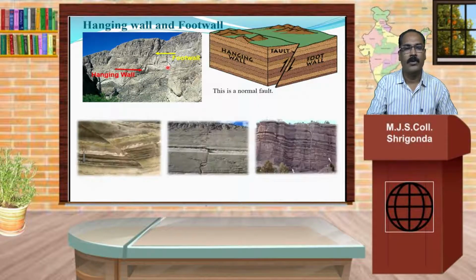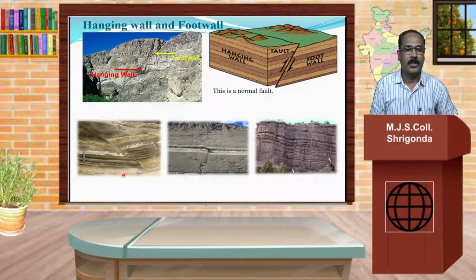Here are three photographs of various types of rock faults: horizontal and vertical faults, diagonal faults and horizontal faults. Here the vertical faults.